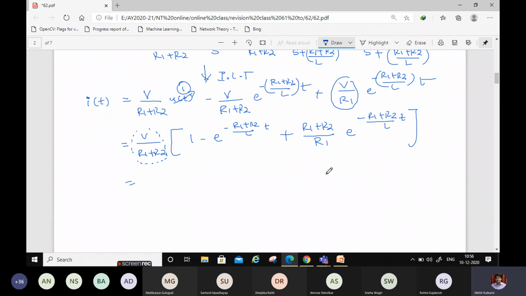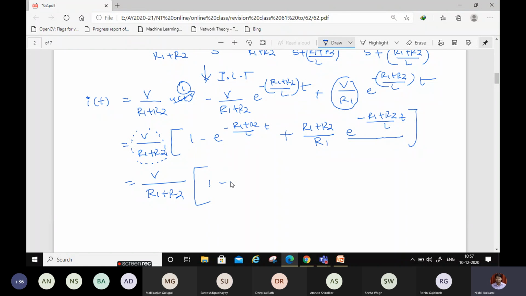Otherwise, you can solve further. Again you see this term is common, e to the power minus (r1 plus r2) divided by L into t.